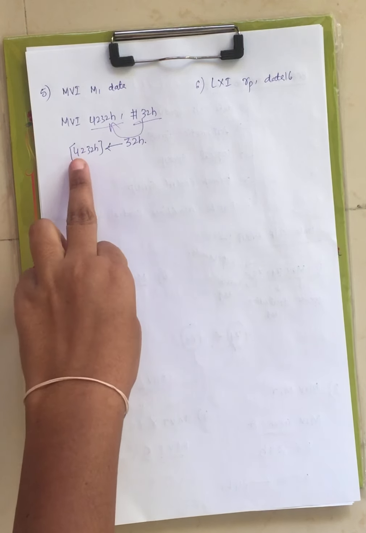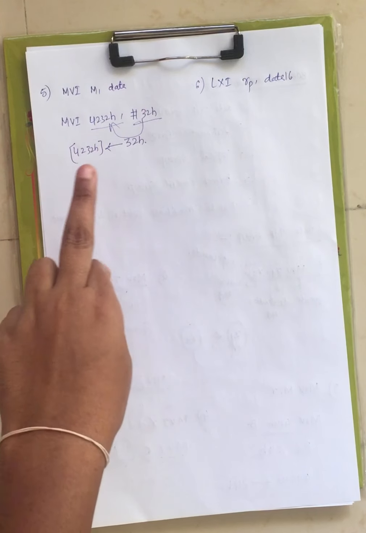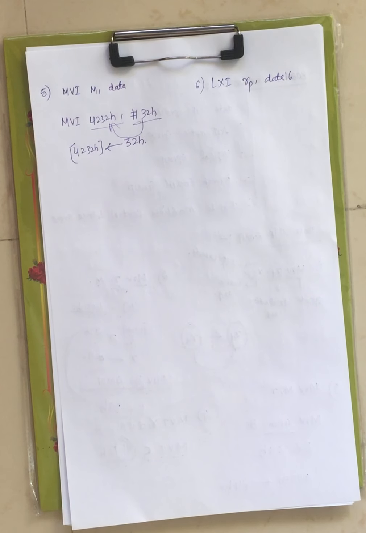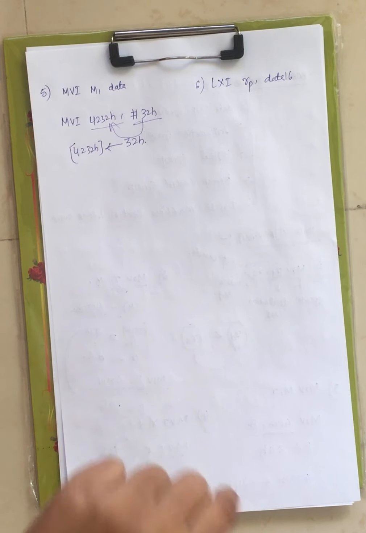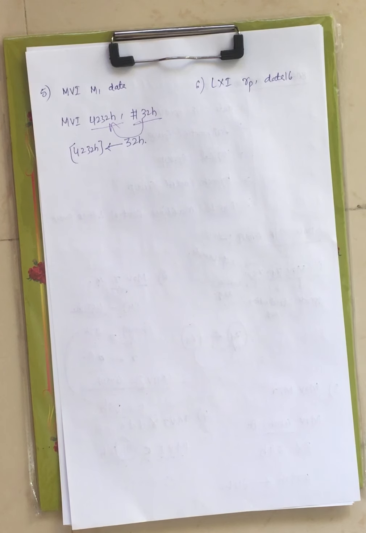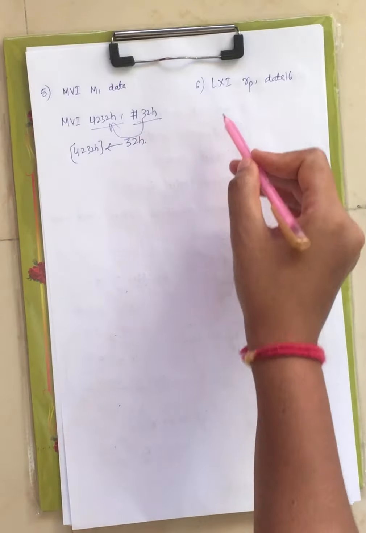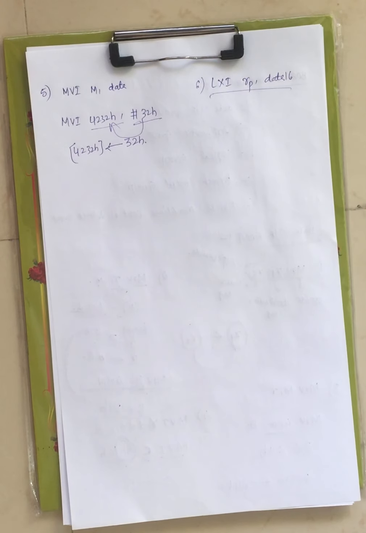Using move immediate M, data and move immediate R, data, you can store only 8-bit data, either in the register or in the memory location specified within the instruction. If you want to store 16-bit data, then this particular instruction has to be used.